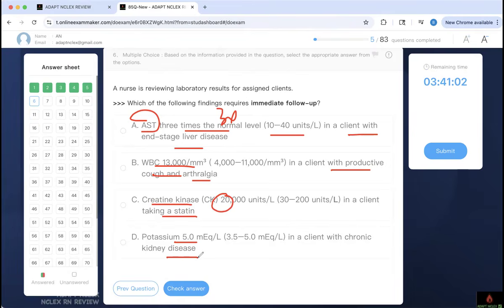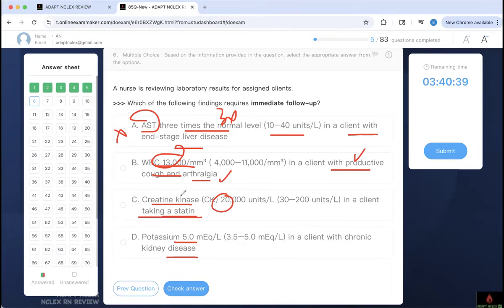Stop the video, pick your answer, keep track of it. But I can tell you, one is normal. If you have liver disease, your AST is supposed to increase. Don't worry about it. If you have a productive cough and arthralgia, you have an infection. Your white count will go up. Don't worry about it.